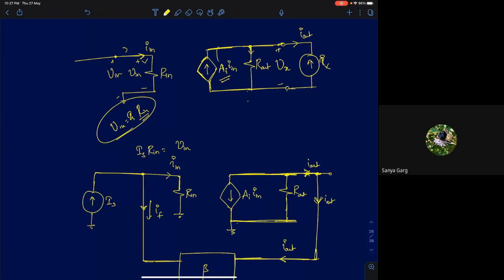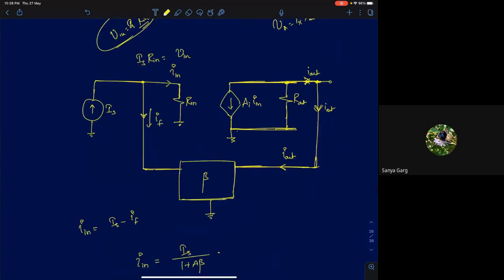If Is is 0, what will be I in here? They are both the same, so that will be zero. Then this current source will also be zero. So if I'm applying a current Ix, it will flow entirely through R out. So the voltage Vx will be Ix times R out, and the output resistance is exactly equal to R out itself.